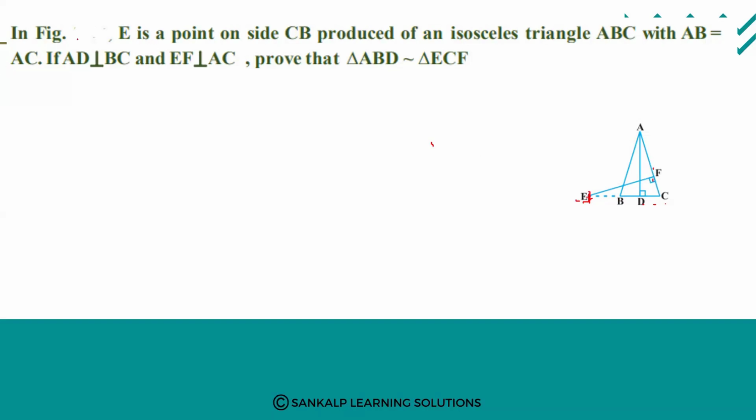Then see here, E is a point on the CB produced, an isosceles triangle. That means ABC is the isosceles triangle.